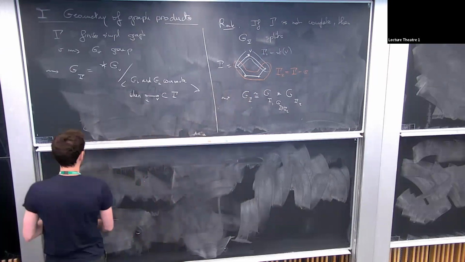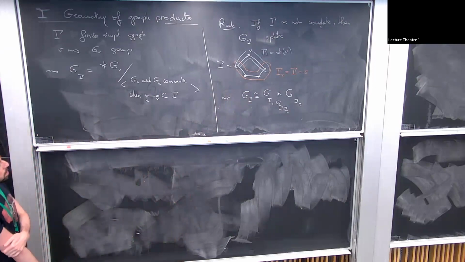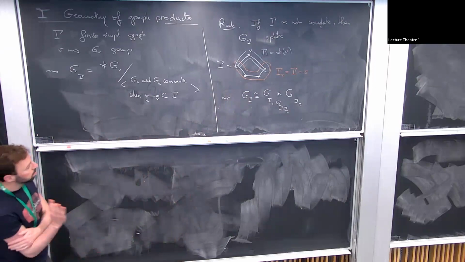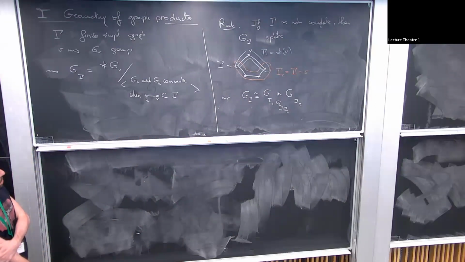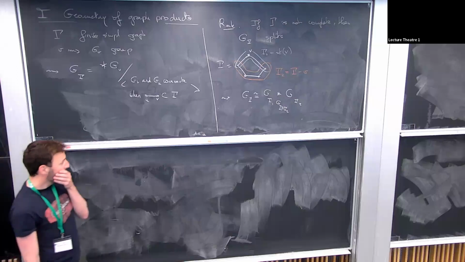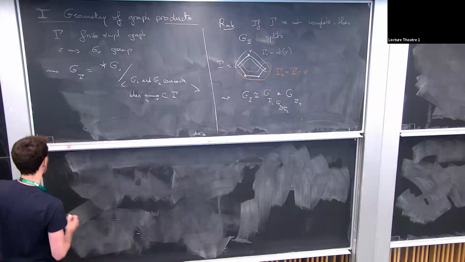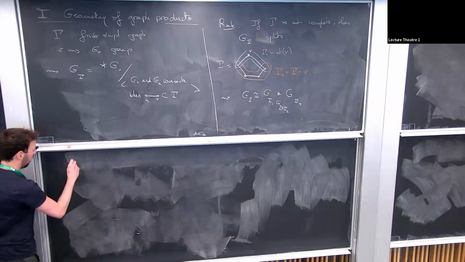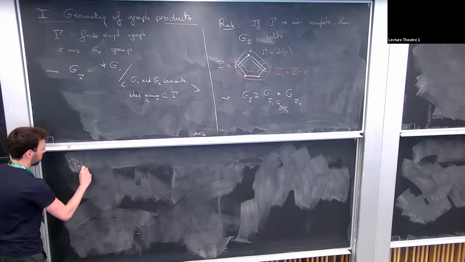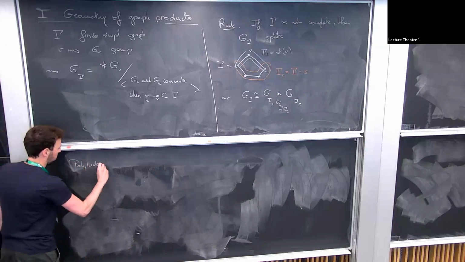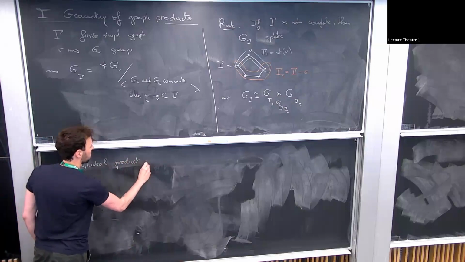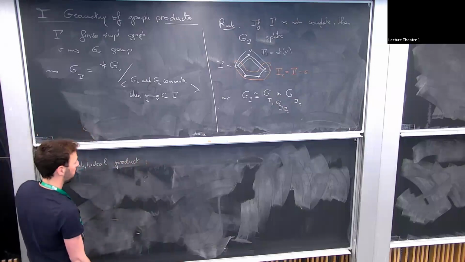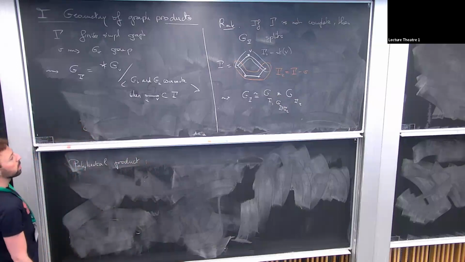The second type of complex I'm going to be looking at is related more to the buildings that Mike was talking about during his talk. So I'm going to recall briefly the polyhedral product structure that we can use to understand G_gamma.